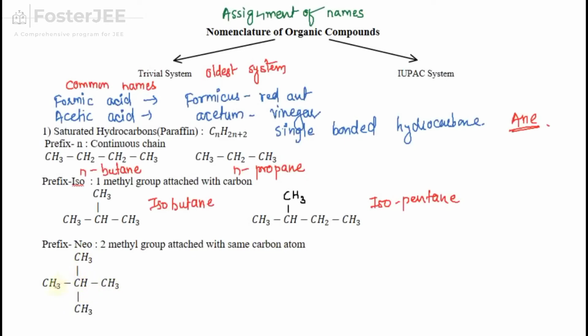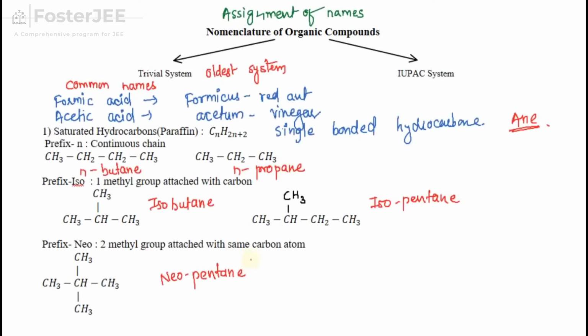So here we can see that the number of carbons linked with each other are 5 carbon atoms. So the root name will be pentane, and here 2 methyl groups are attached with the same carbon. So the prefix used will be neo.